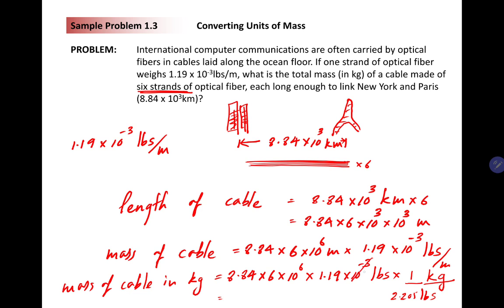So I will cancel out 10 to the power minus 3 with this. 8.84 multiplied by 6 multiplied by 1.19 divided by 2.205, and then multiplied by 1000. And you will get the answer.